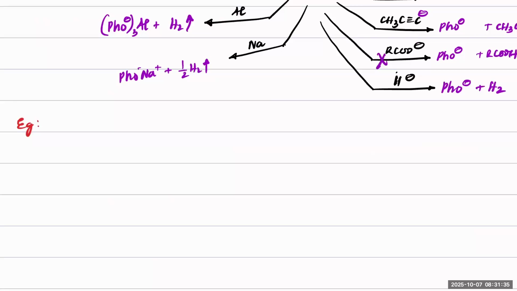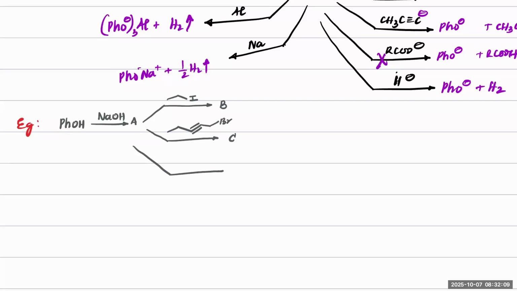Suppose it is given phenol reacted with NaOH and I get a compound A. Compound A is reacting with alkyl iodide to give compound B. It is also reacting with a triple bonded group like this with Br here, so that will give compound C. And along with that, it has been treated with D2O to give compound D.